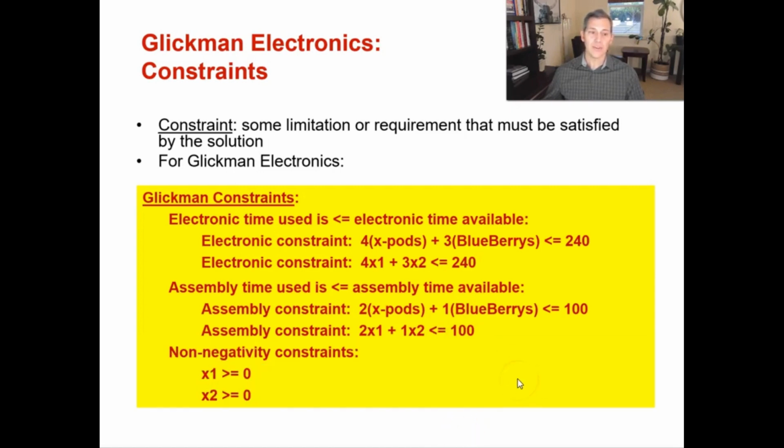You also have to add your non-negativity constraints because it has to be positive. So your x1 and your x2 will both be greater than or equal to 0. It is possible that you will only build XPods or only build blueberries. It is possible, but if you do, you will only build 0 of the other product.